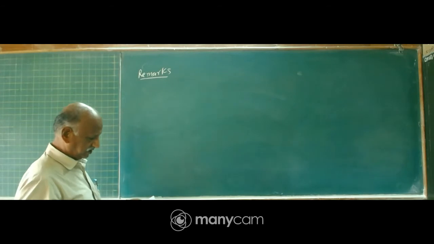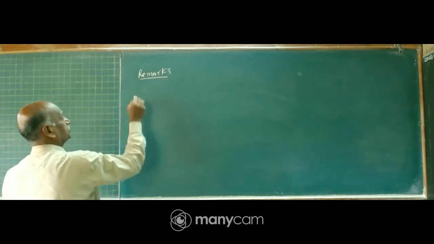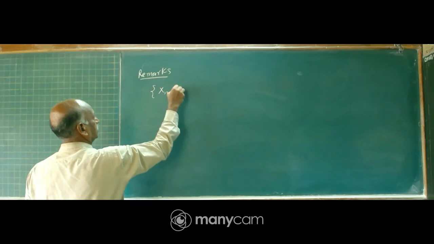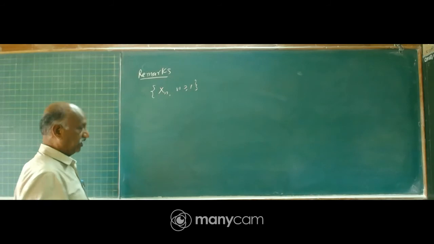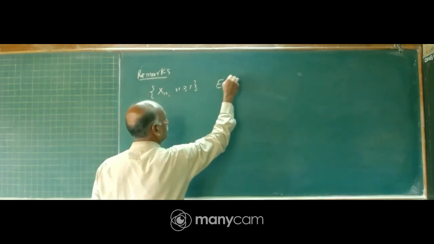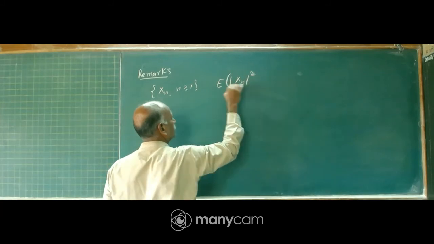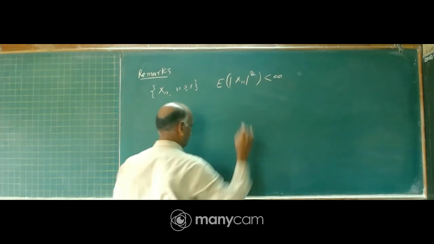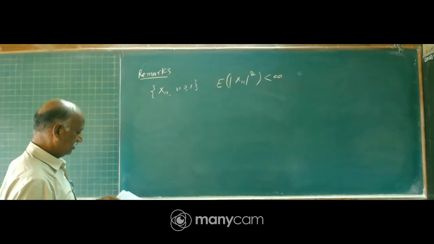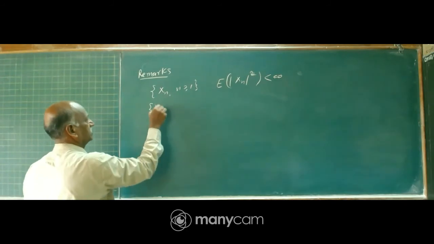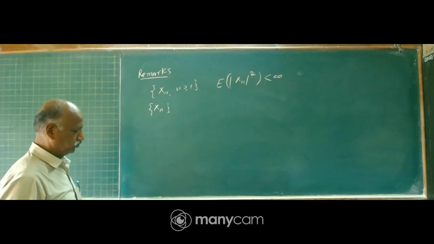The first remark: the sequence Xn, n greater than or equal to 1, such that the expected value of modulus of Xn raised to 2 exists, less than infinity, is said to be convergent in quadratic mean to a constant.